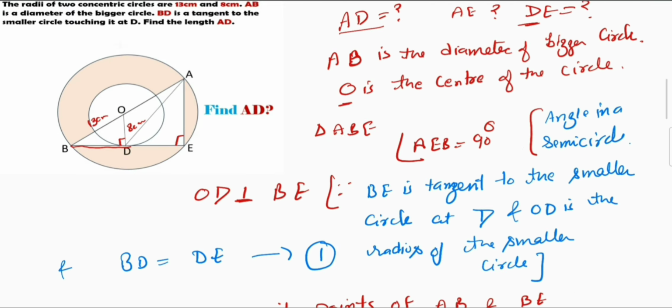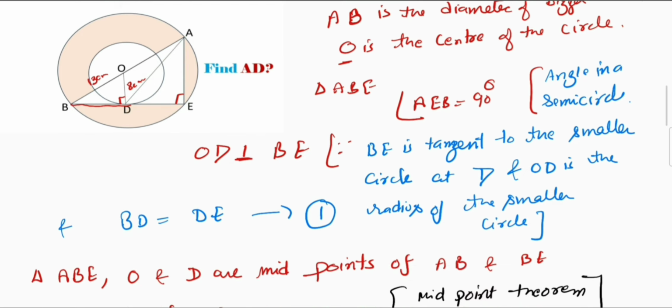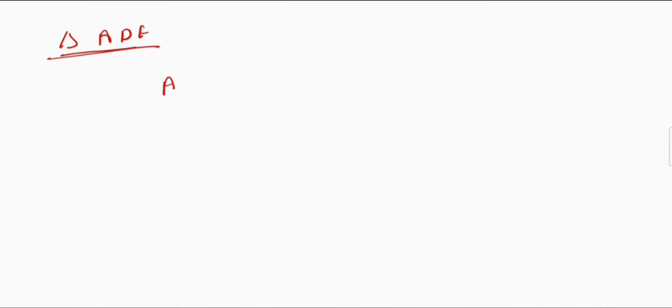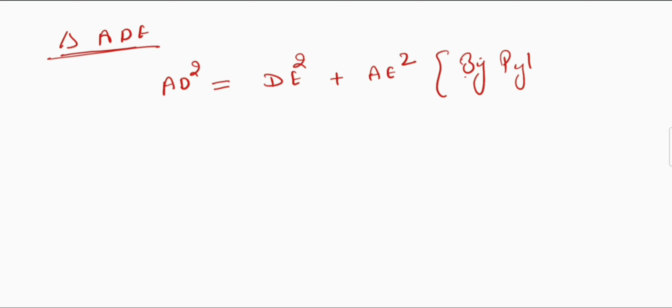Now we'll take the right angle triangle ADE. This is also a right angle triangle, so here also we'll apply Pythagoras theorem to get the value of AD. AD square is equal to DE square plus AE square. Now we'll put all the values here.